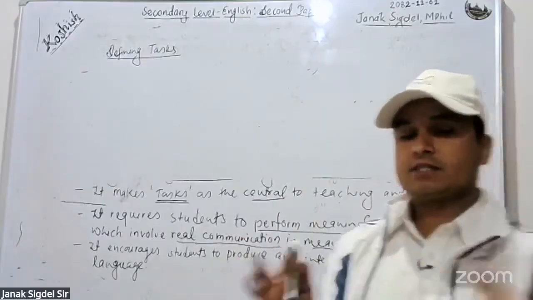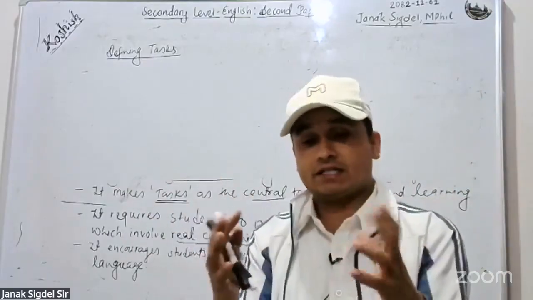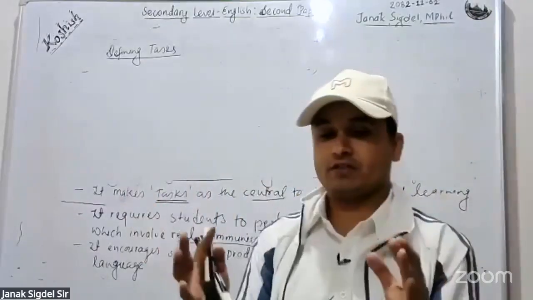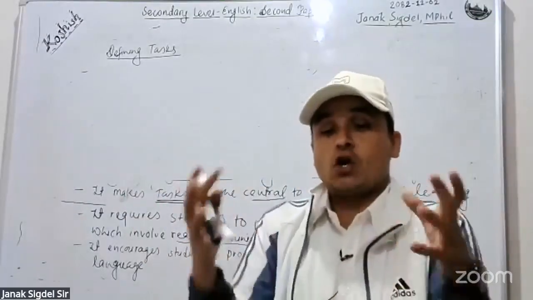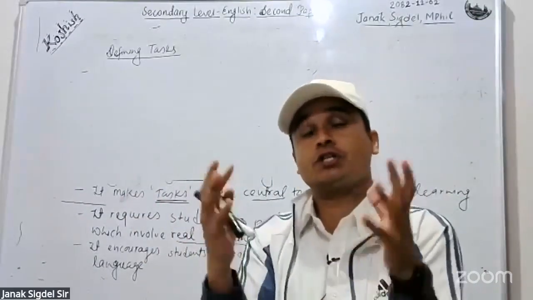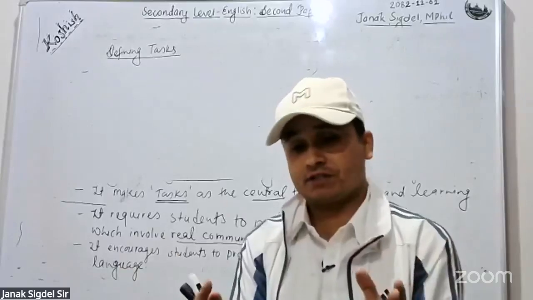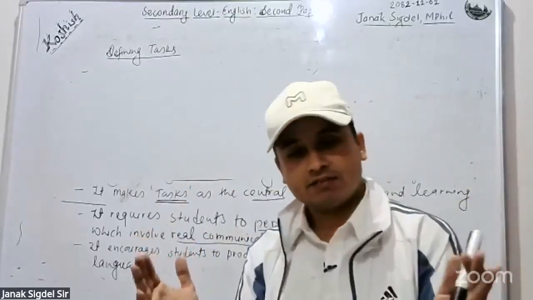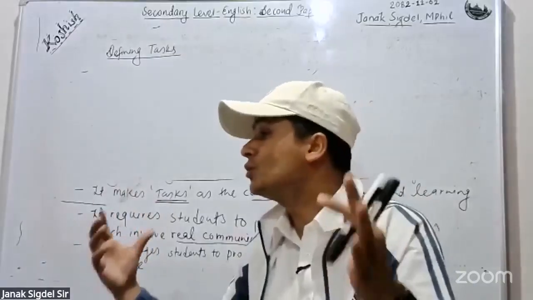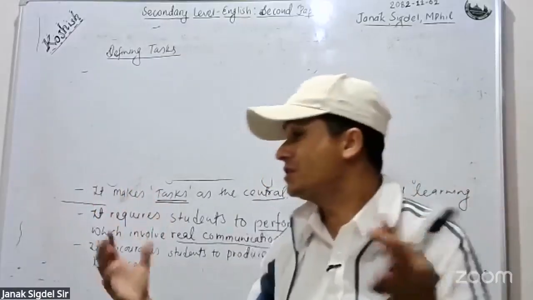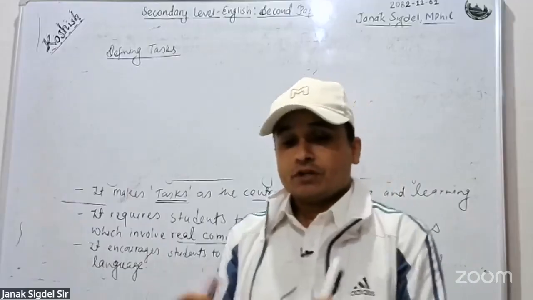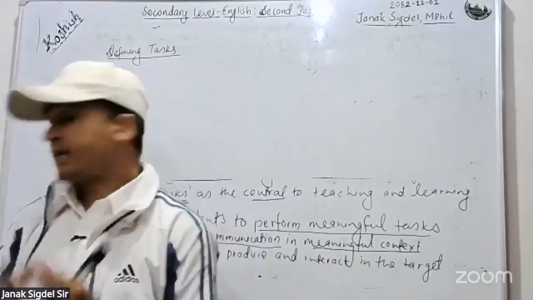So task, simply how do you define task? It's an activity. First thing you need to remember, this is an activity that is carried out by the learners using the target language. This is the good definition of a task. Let me repeat it again. So task is an activity that is carried out by the students using the target language, right? So it focuses on meaning rather than form.